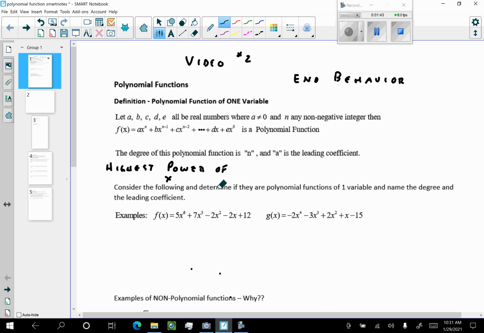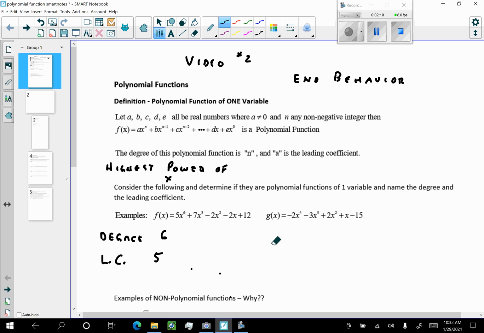My example here is f of x equals 5x to the 6th. The degree here, we talked about in the first video, is 6. The leading coefficient, we're just going to call it LC, is equal to 5. So in this case, the leading coefficient is positive, and the degree is an even number. We'll talk about the difference between odd and even degree polynomials.